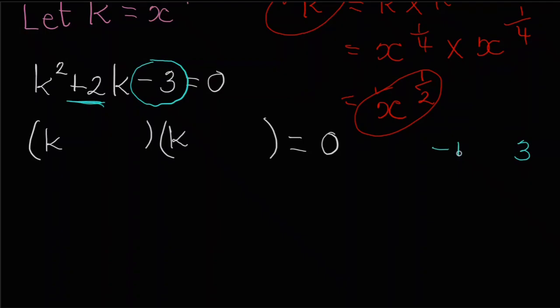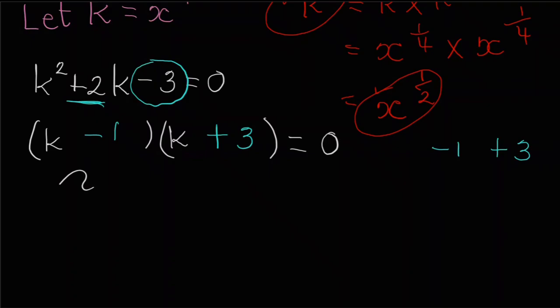In this case, we would use a negative 1 and a positive 3. So remember, negative 1 times positive 3 gives you negative 3. Negative 1 plus 3 gives you positive 2. Those are the factors that we have in the brackets. So the first bracket is k minus 1, and the second bracket is k plus 3.